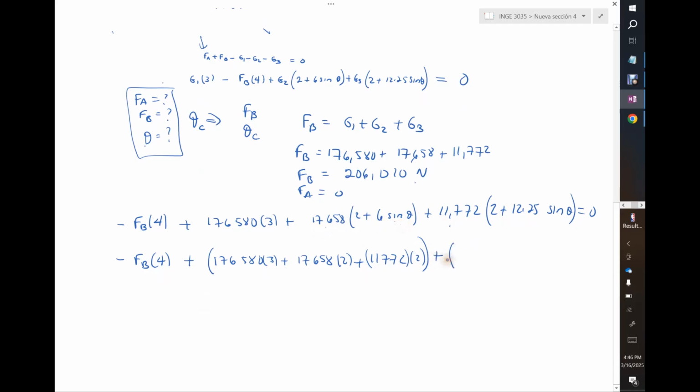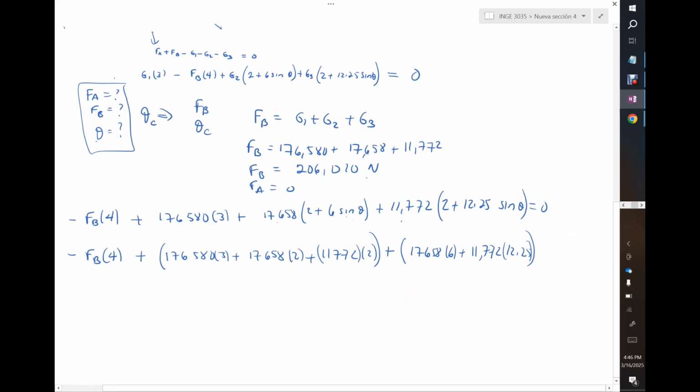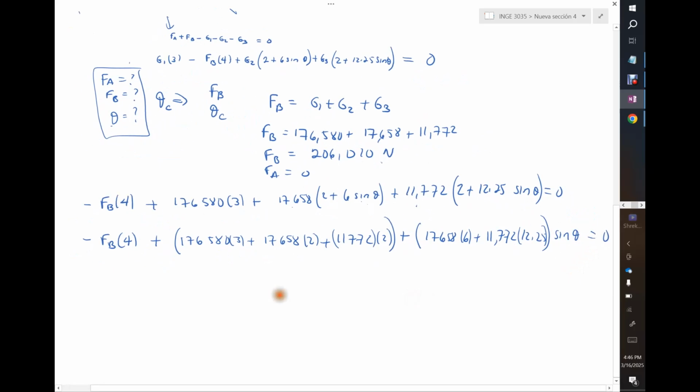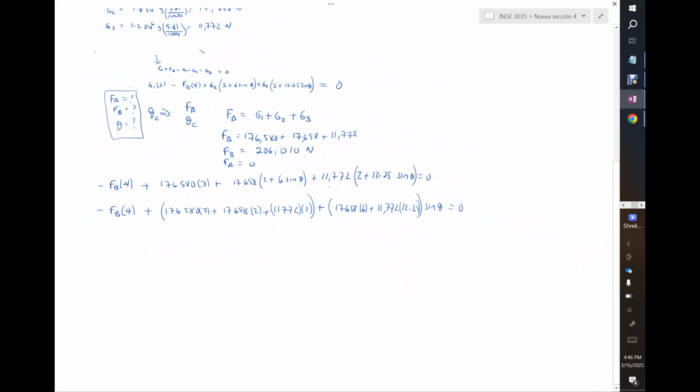So open a parenthesis, that would be 17,658 times 6 plus 11,772 times 12.25, close parenthesis, and that has to be multiplied by sine of theta equal 0. Now that's easier to work on.